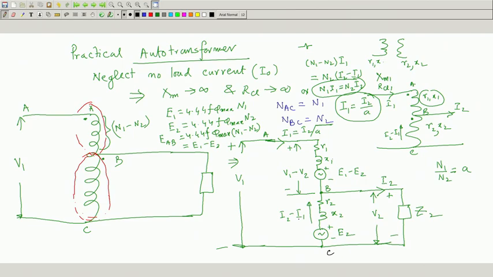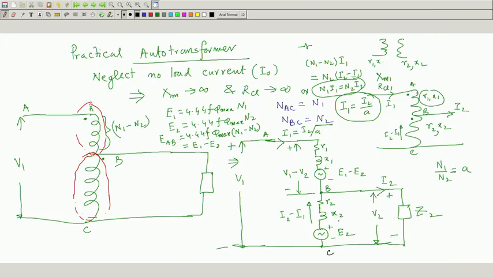The only transformer business that comes in is that the ratio of the induced voltages E 1 minus E 2 and E 2 is N 1 minus N 2 by N 2. But it can be handled that way.